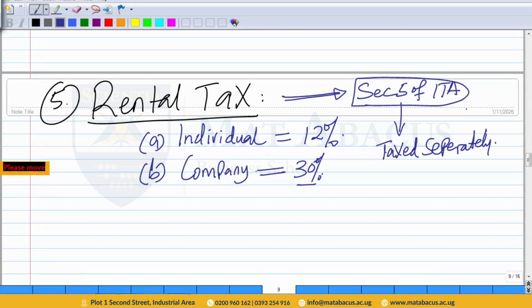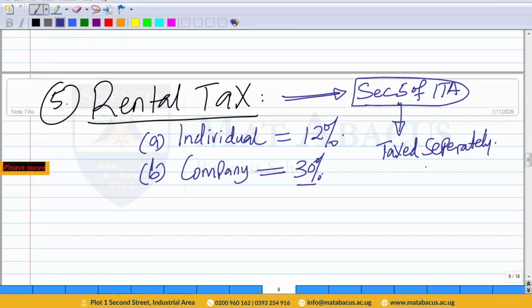In business income, when you find transactions of rental tax, you're supposed to remove them and tax them separately. And this is guided by Section 5 of the Income Tax Act. So we shall look at how you compute the tax.